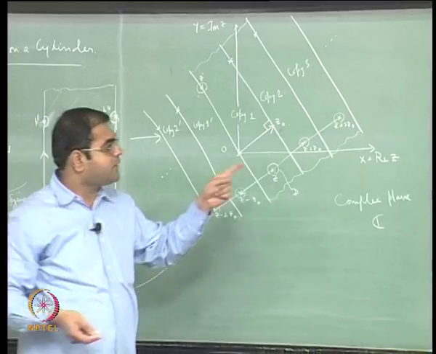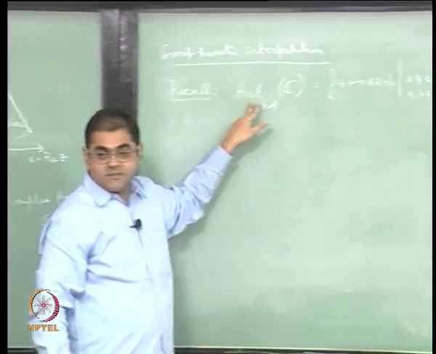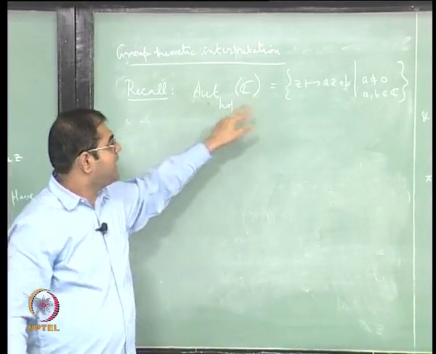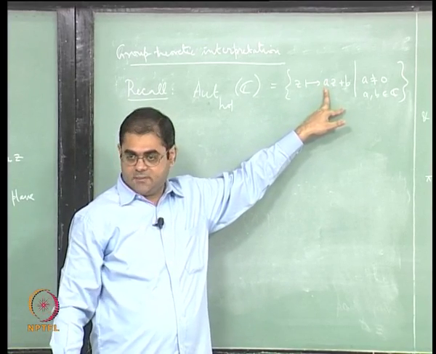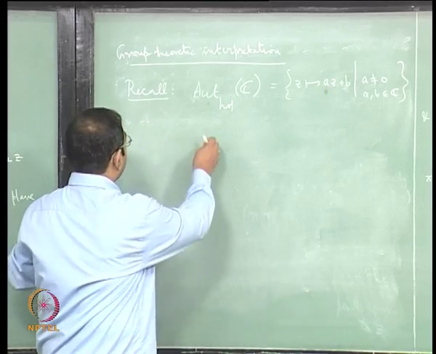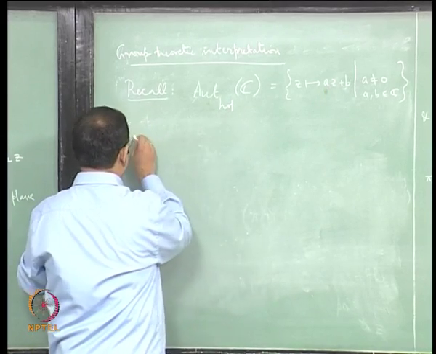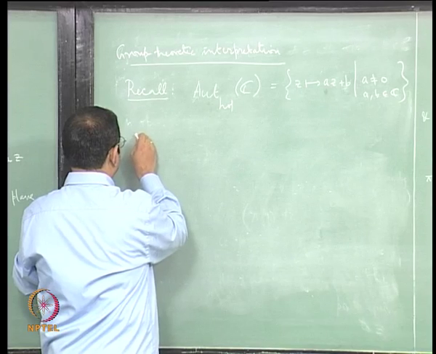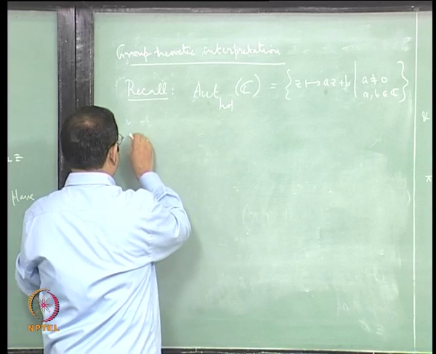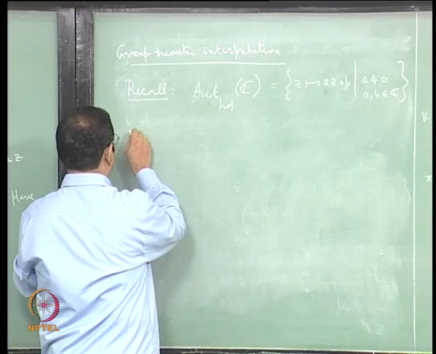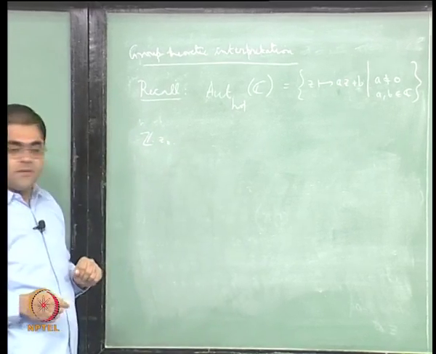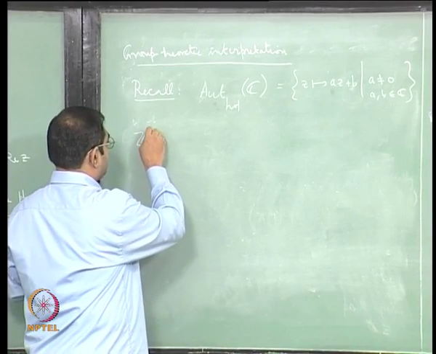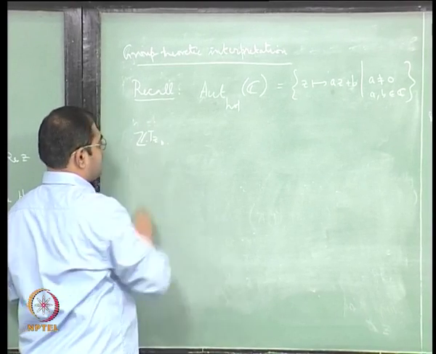Mind you, translation by z0 is also an element here, namely I take a equal to 1, then it becomes translation by b. Okay, so what I do is that I define this group, generated by t z0.